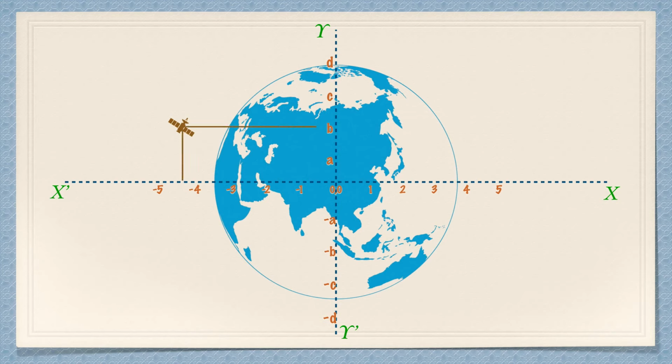From the satellite, now drop two mutually perpendicular lines on the x-axis and the y-axis, and when you do so, you get the coordinate of the satellite such as minus 4.2, B.